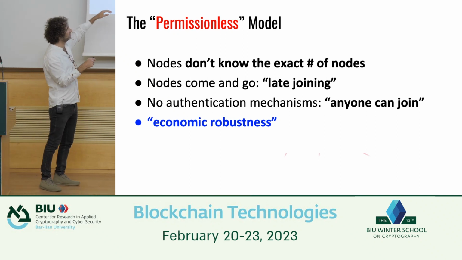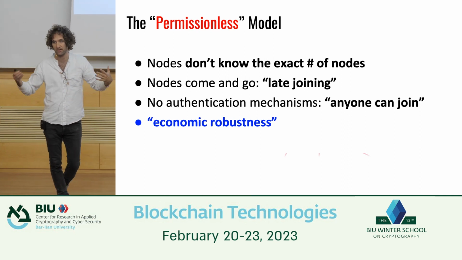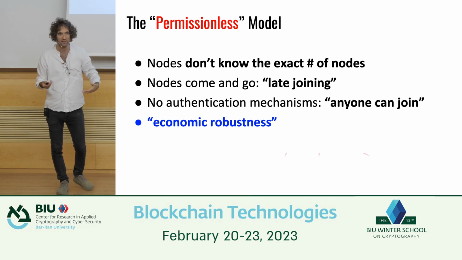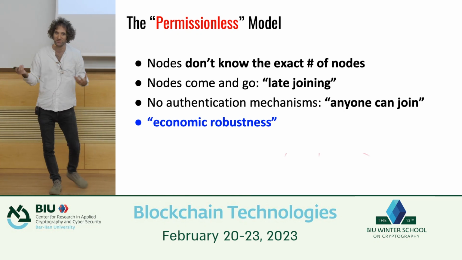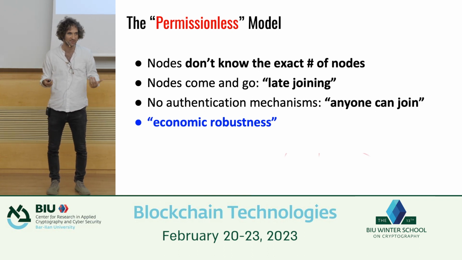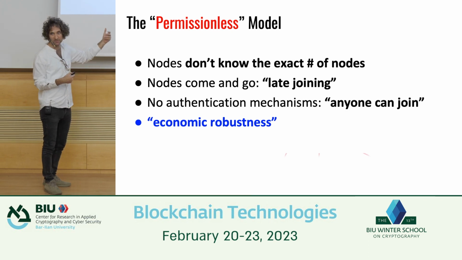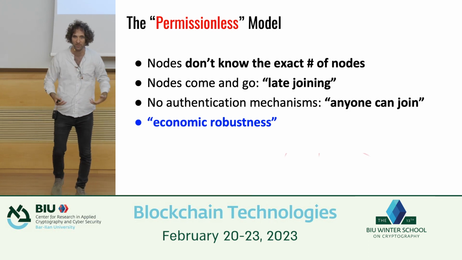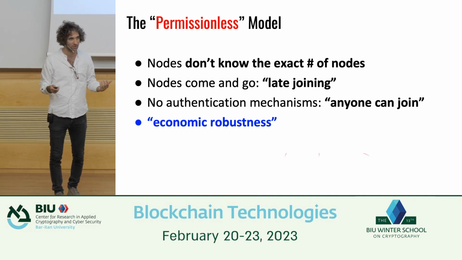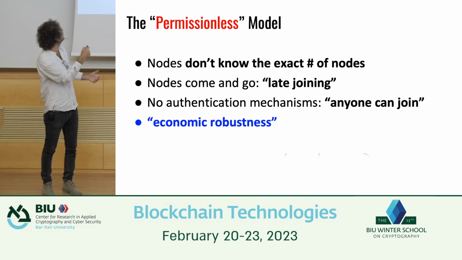Now, there is one final thing that I would like to add, which is a new property that started becoming very important when discussing these types of permissionless protocols. Since we don't know who's joining and anybody can join, we also need to think about economic issues and incentives. So typically we also want something called economic robustness, which ensures that people are properly incentivized to run the protocol. That's a very important property. Unfortunately, I'm not going to talk much about it today. I'm going to focus on the top 3.